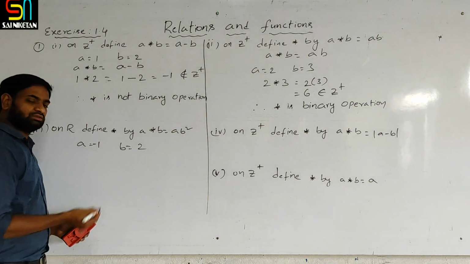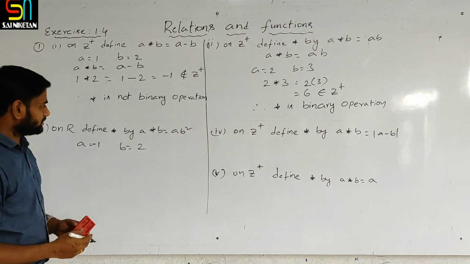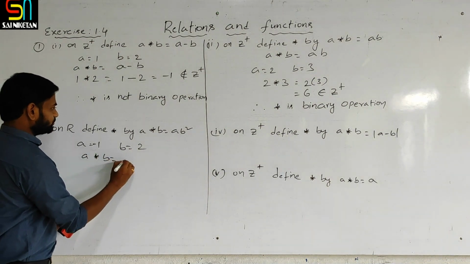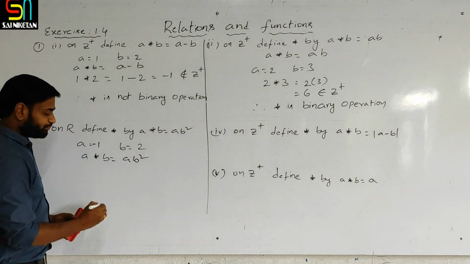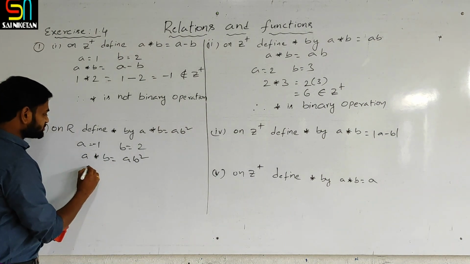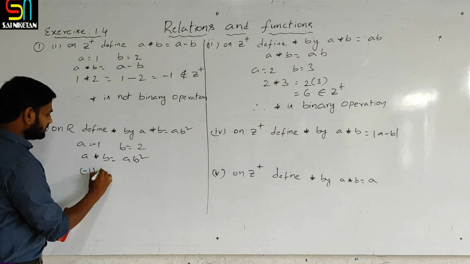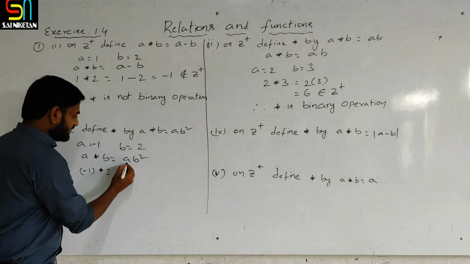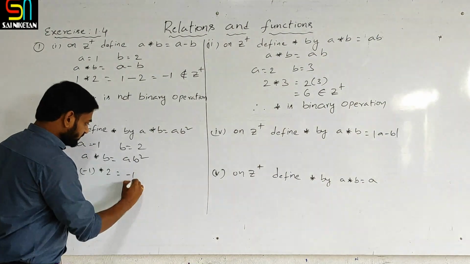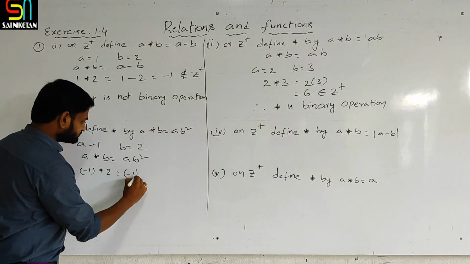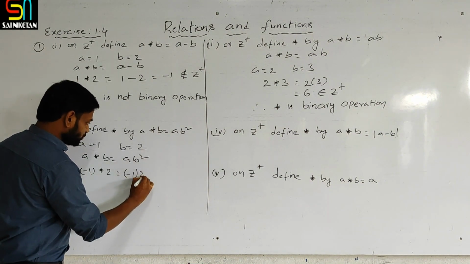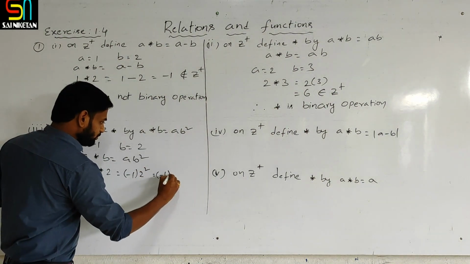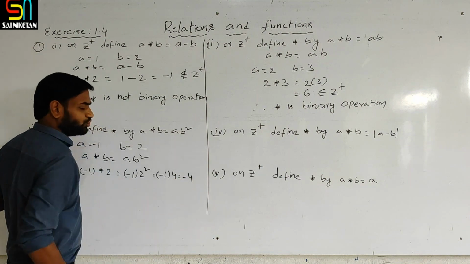Minus 1 for A, 2 for B. Substitute here: minus 1 star 2 is equal to A, that is minus 1, times B square, that is 2 square, so minus 1 into 4, that is minus 4.